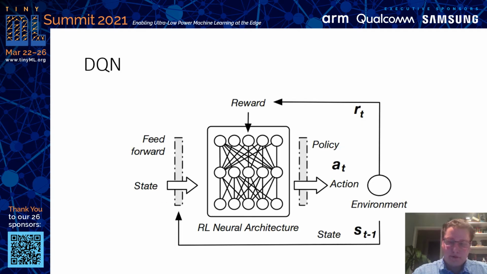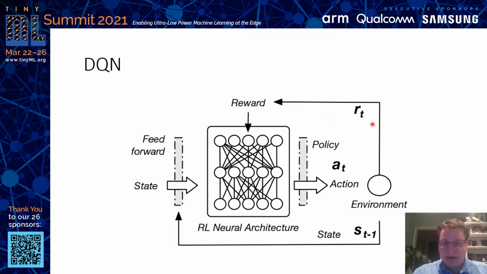Before we dive into the framework itself, let me talk briefly about deep reinforcement learning. We have an agent and an environment. The environment provides the agent with a state upon which the agent acts and receives a reward.